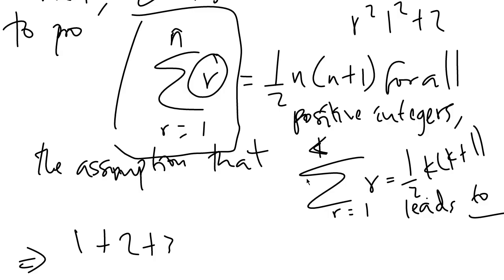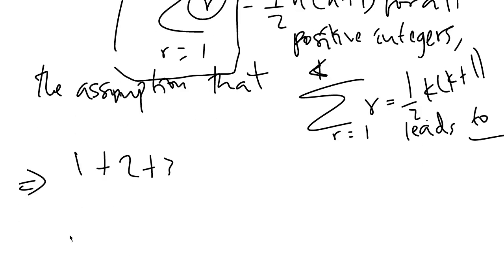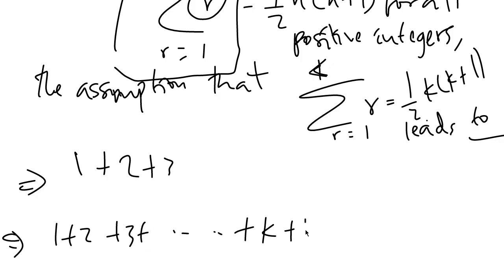It now says the assumption that the summation of r from r equal to 1 to k is equal to half k into k plus 1 leads to. So what you now do is substitute k plus 1 anywhere you have n, because that's the next step that will finalize your proof. So that implies 1 plus 2 plus 3 plus down to k plus 1, because you are now finding the sum down to k plus 1, would be one over two.